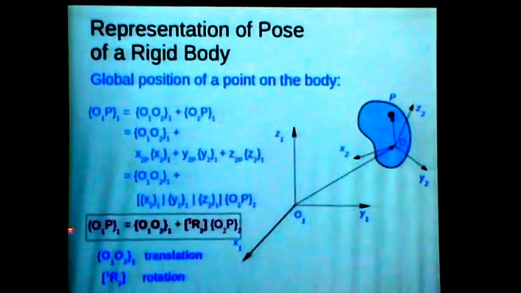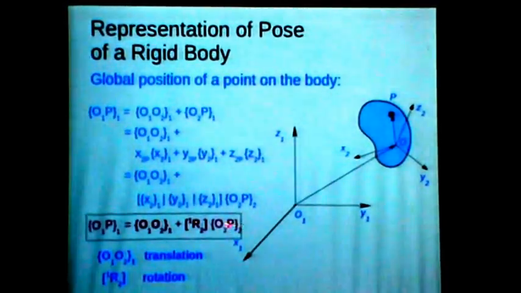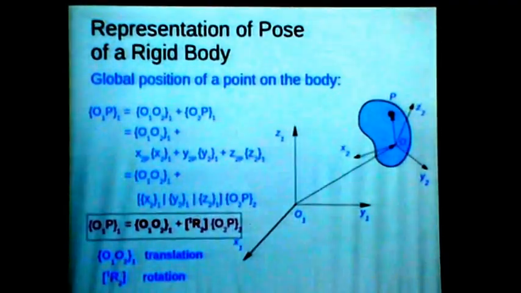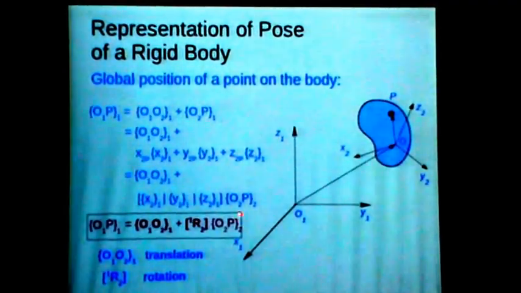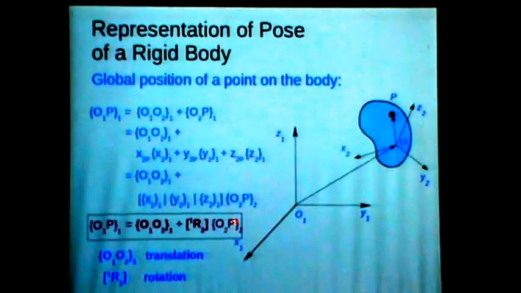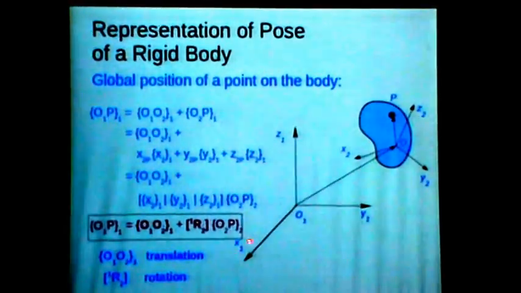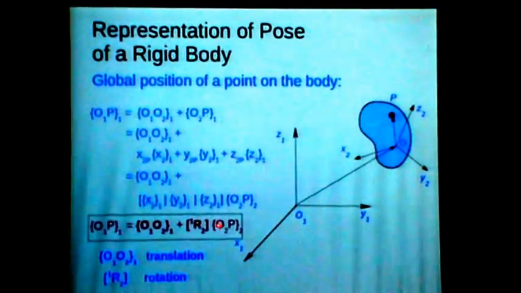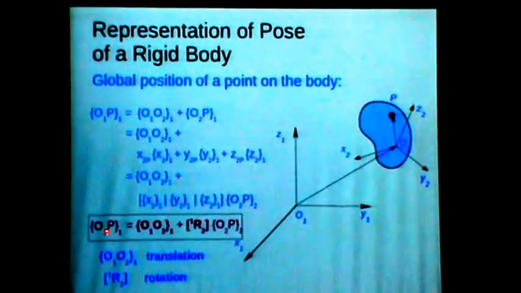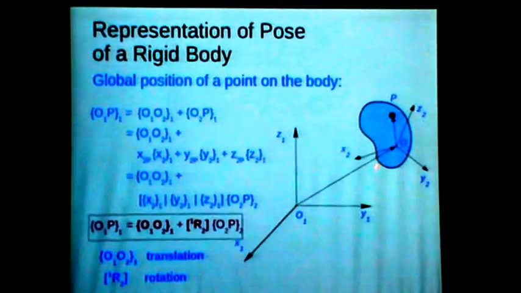Okay, so this particular equation, which is a very important equation, transforms the position of a point in the local frame, given these two entities, to the location of P in the global frame.